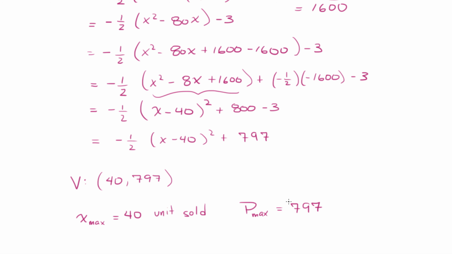This number could be in thousands, millions, and this number could be 40 cell phones, 40 cars. It doesn't matter what the units are. It's just this is going to produce the maximum amount of profit, and this is going to produce the maximum amount of units that you need to sell in order to get the maximum profit.